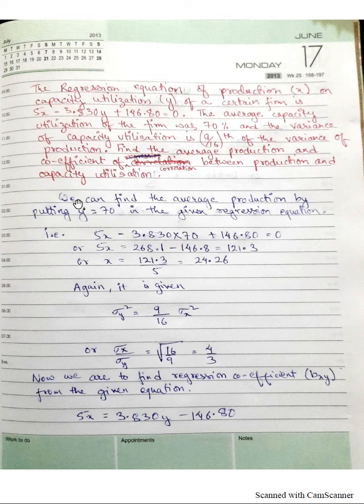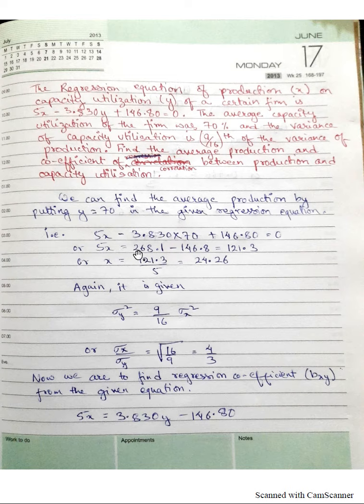So we can find the average production by putting y equal to 70 in the given regression equation, that is 5x minus 3.830 into 70, as 70 is the average value of capacity utilization, plus 146.80 is equal to 0.